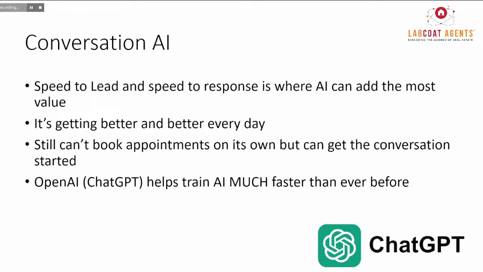These are conversational AI chatbots built on ChatGPT, on OpenAI. These bots can have much more extensive conversations than the other ones did. You can train them to respond the way you want in a way you couldn't with the older generation of chatbots.